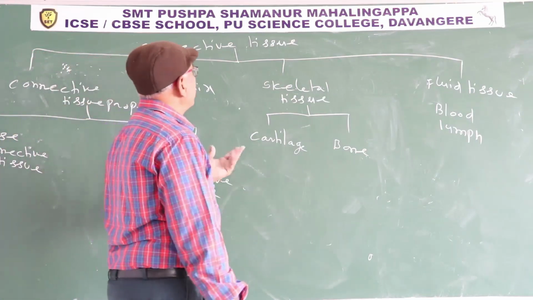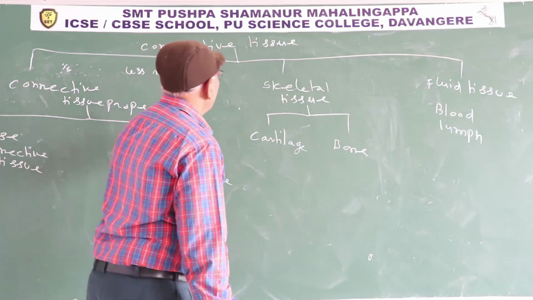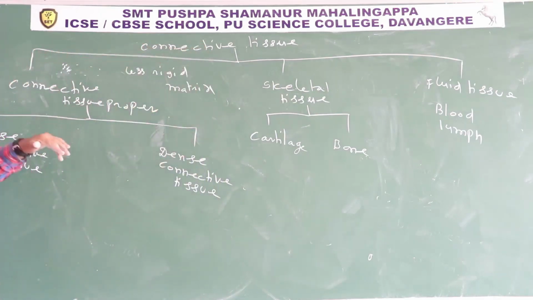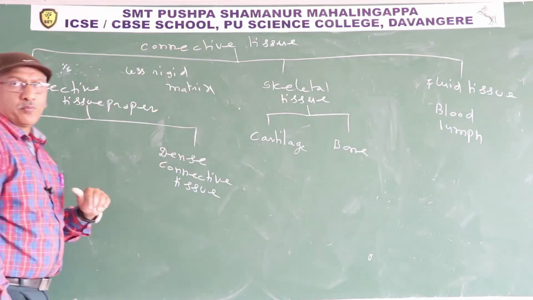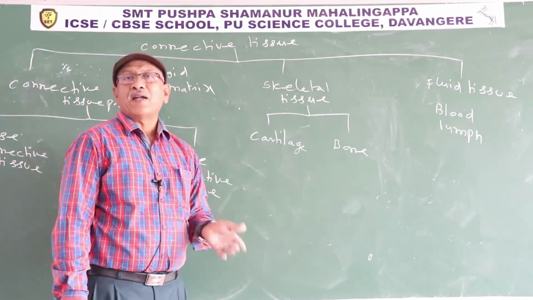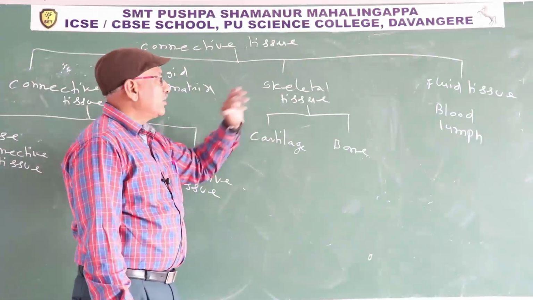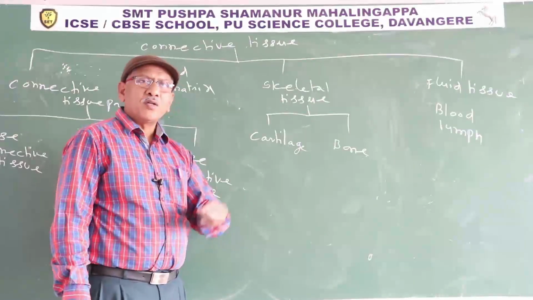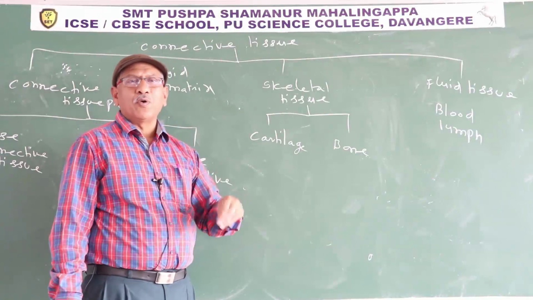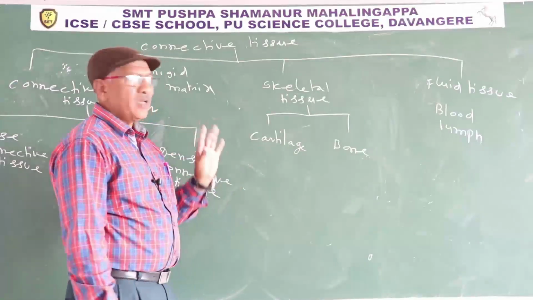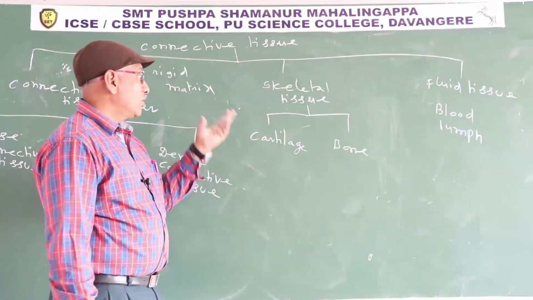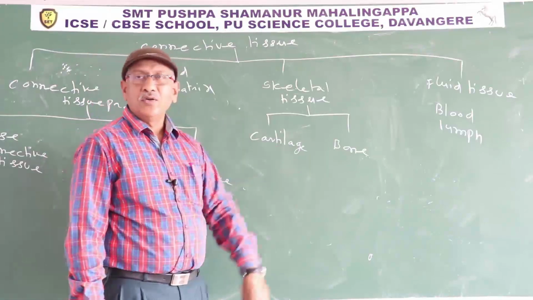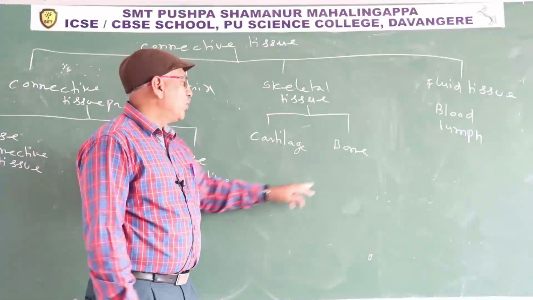Or another definition: the connective tissue with less rigid matrix is known as connective tissue proper. The connective tissue that acts as endoskeleton is known as skeletal tissue. Skeletal tissue is again classified into two types: cartilage and bone.